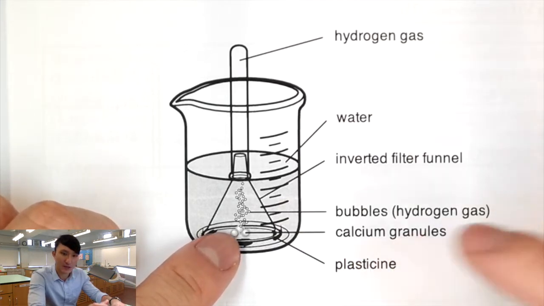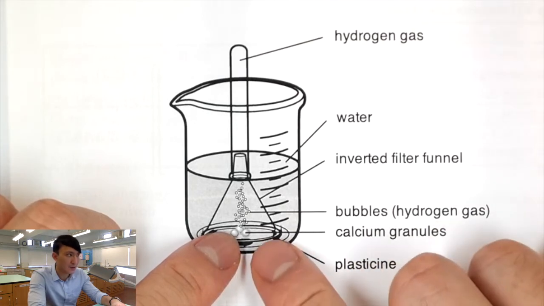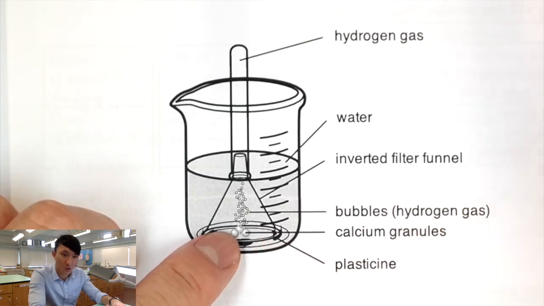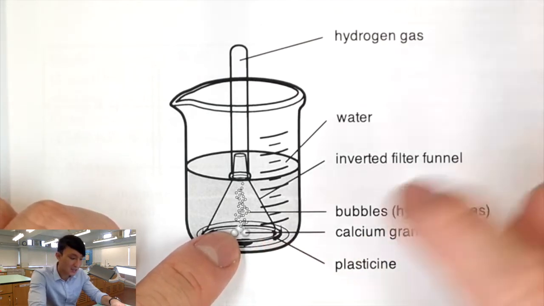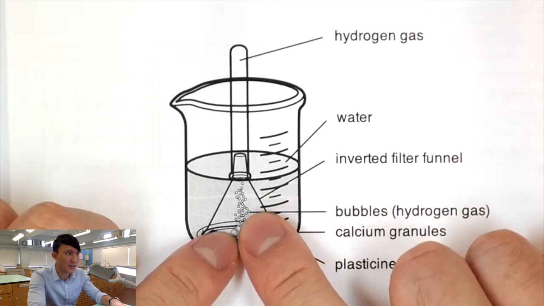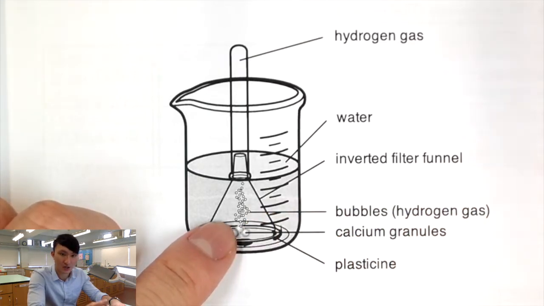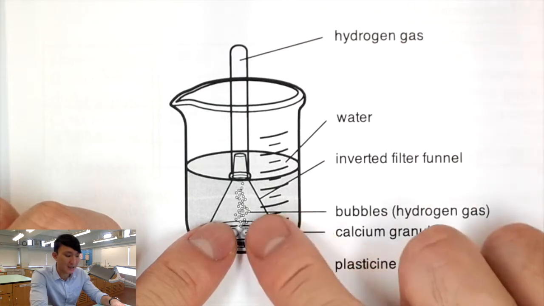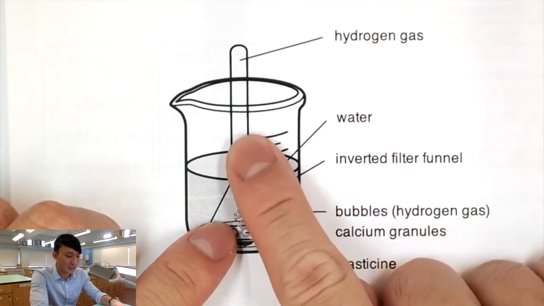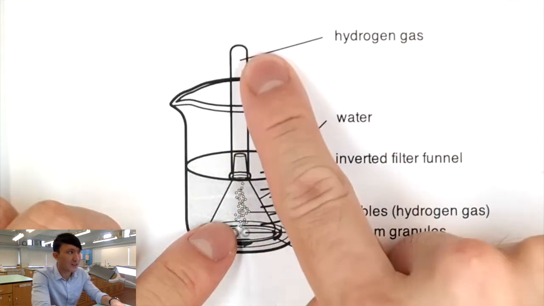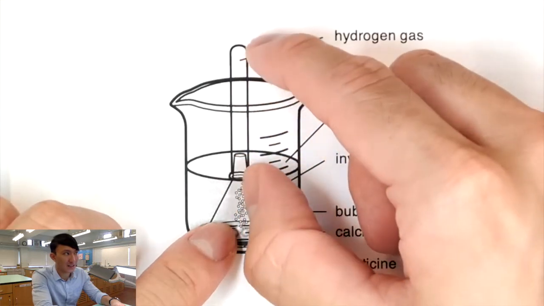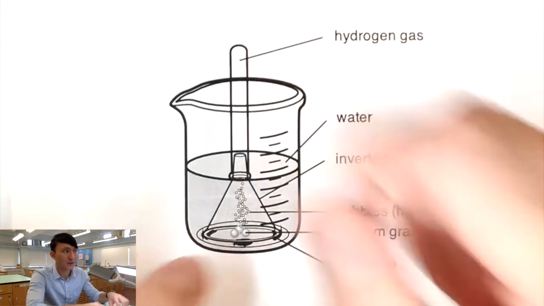They are able to sink at the bottom, and as the reaction between the water and calcium proceeds, colorless bubbles are produced, and these bubbles are the hydrogen gas, which can be collected by this test tube. At the end, the hydrogen gas will all be collected inside the test tube here.